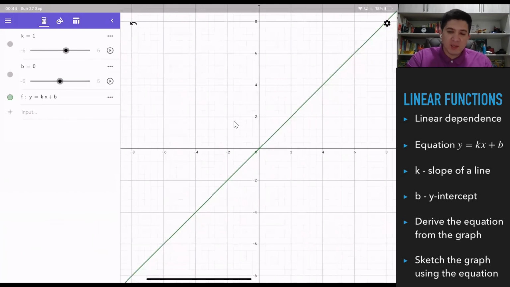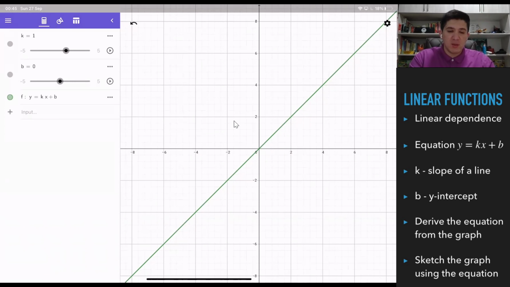If k is equal to 1 and b is equal to 0, you can see here that this is the line where you can put your left hand, and it splits the x and y axes exactly in two. Now, if I increase the value of k, then this line should rotate towards the y-axis, right?